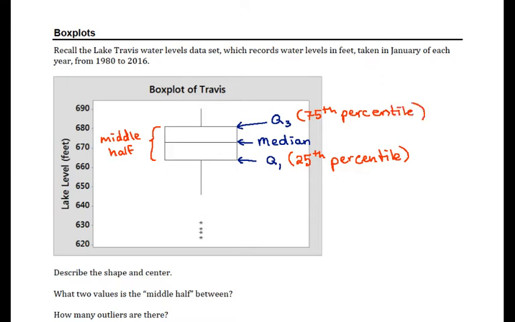Up here at the top, we have our maximum. And we call these two bars that come out from the box whiskers, just like a cat has whiskers.